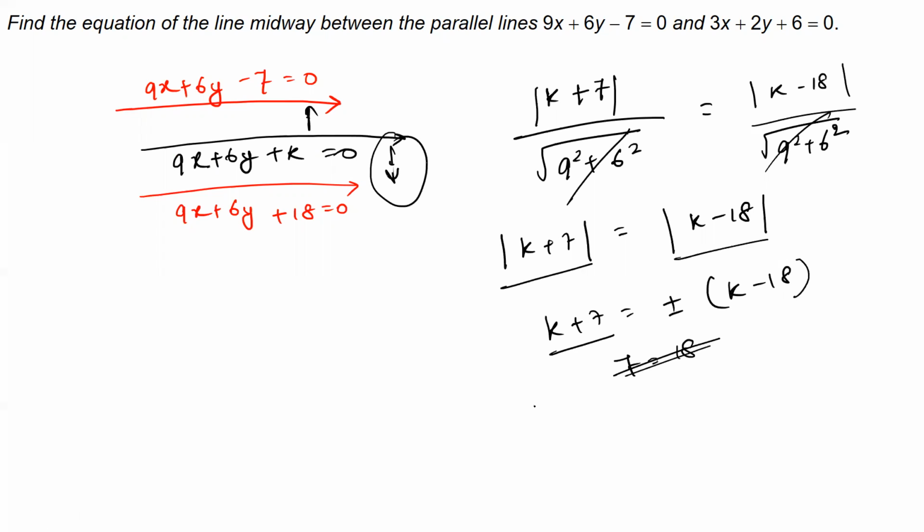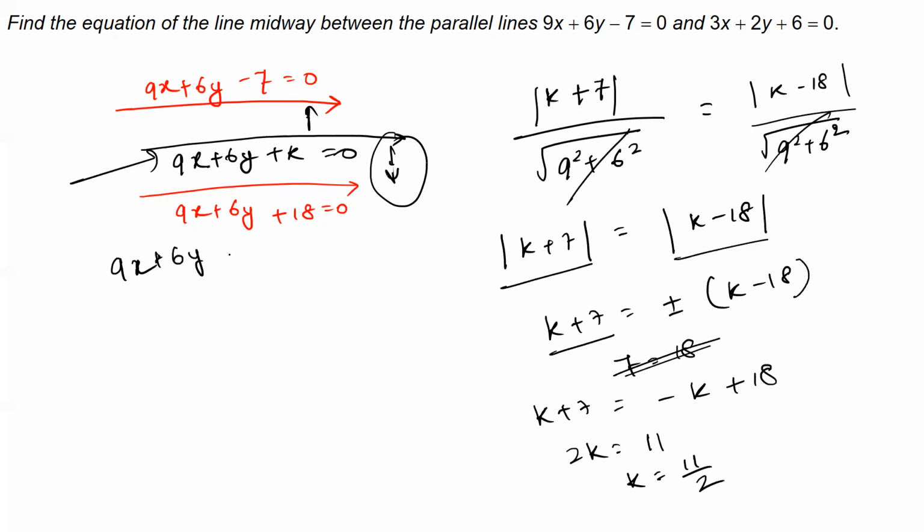So what we have is k plus 7 is equal to minus k plus 18. You can take k on the other side. We have 2k is equal to 18 minus 7, which is 11. So we get k is equal to 11 by 2. So our final required equation is 9x plus 6y plus 11 by 2 is equal to 0.